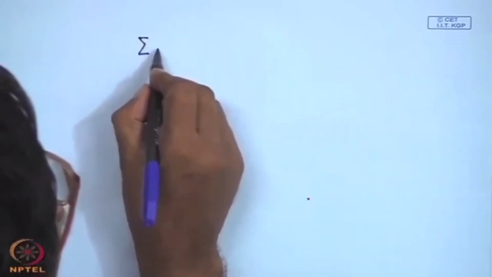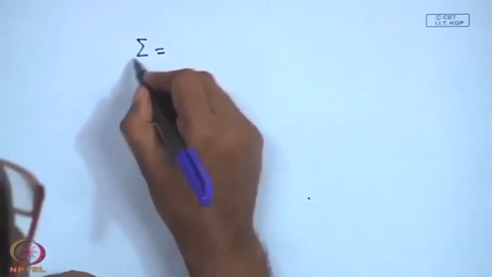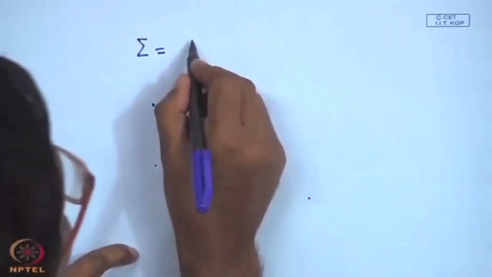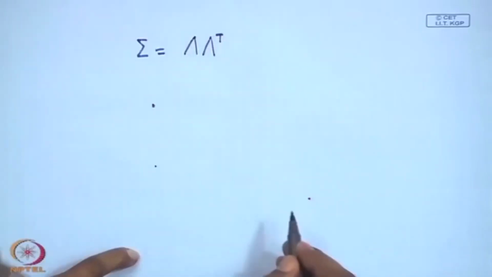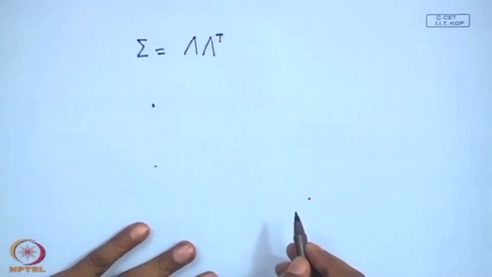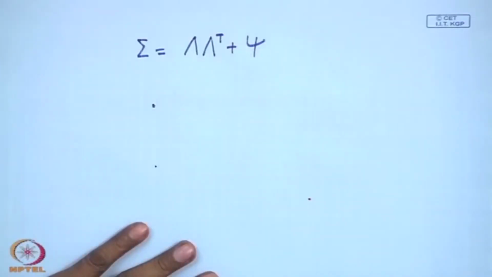Let us see this one. What is our covariance structure of the original variable? That is sigma, and we proved that this is nothing but lambda lambda transpose plus psi. Okay.